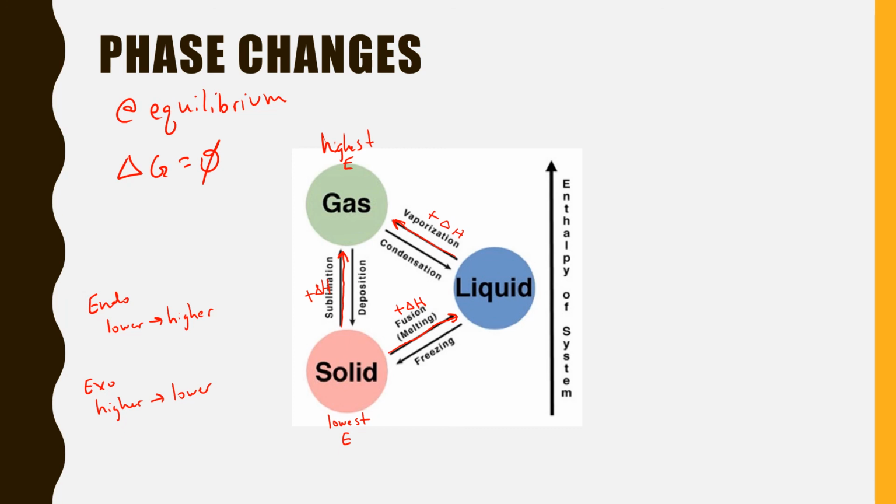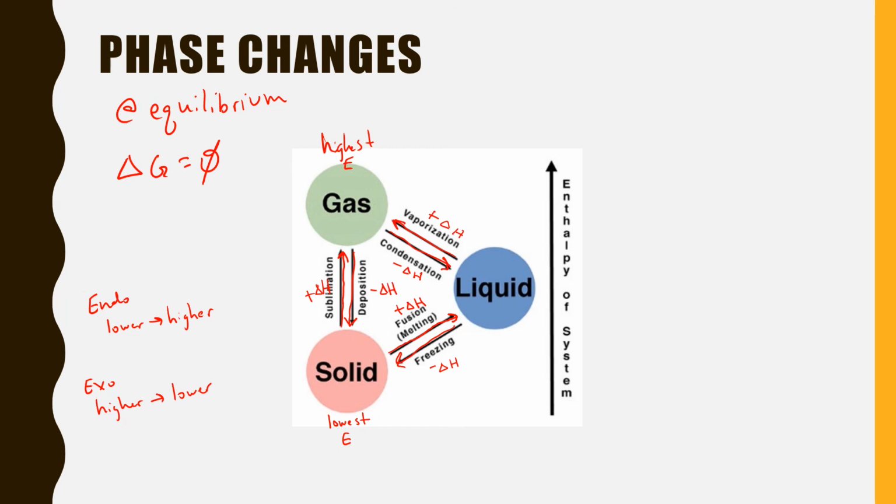Anytime I'm going to a lower energy state, it's exothermic. It has to release energy to get to that lower state. So a gas to a liquid would be negative delta H. A liquid to a solid would be negative delta H. And a gas to a solid, which is known as deposition, is also a negative delta H.